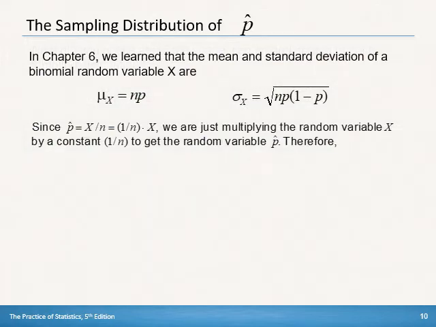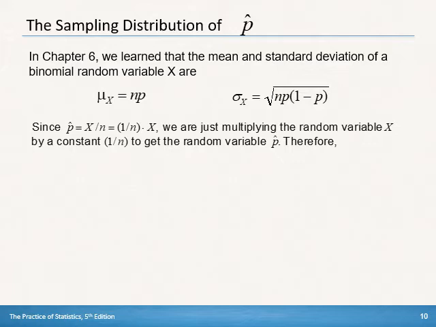All right, and so if you remember back in chapter 6, we talked about the mean and the standard deviation of the binomial random variable x. And that's very much related to what we're doing here, because in order to get our random variable for all the possible p hats that could come out, we would simply take the random variable x, the number of successes, and divide that by n.